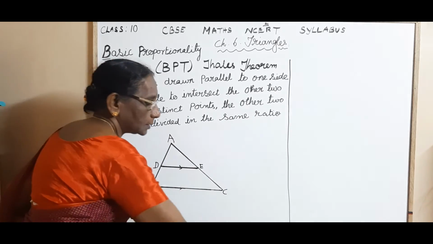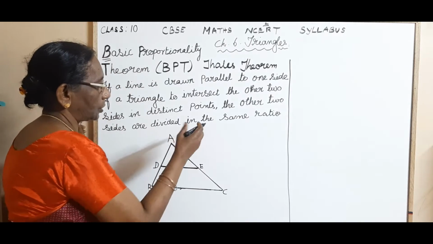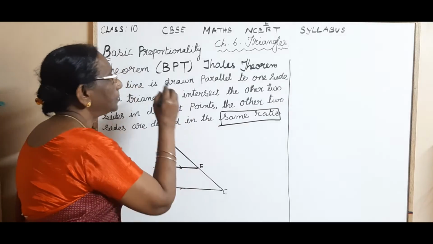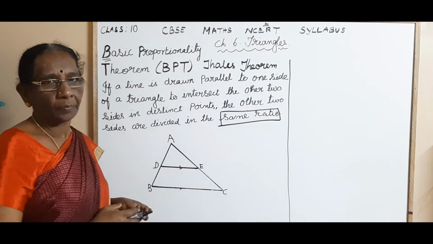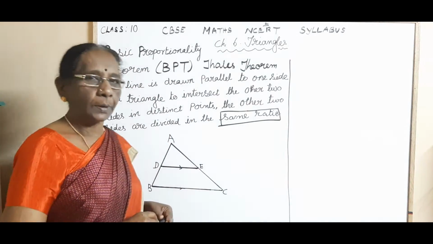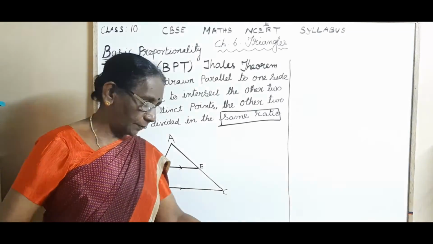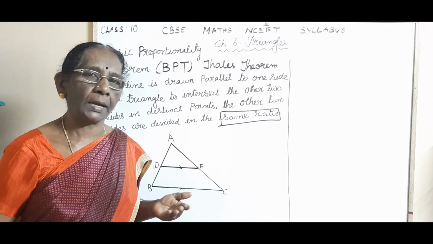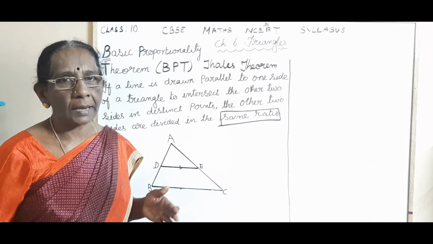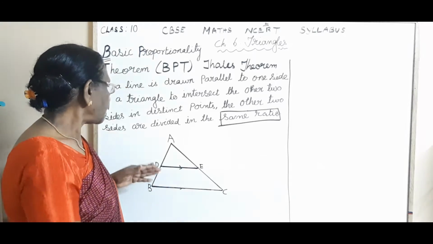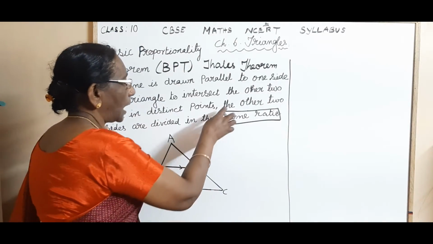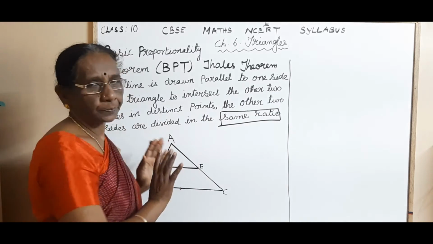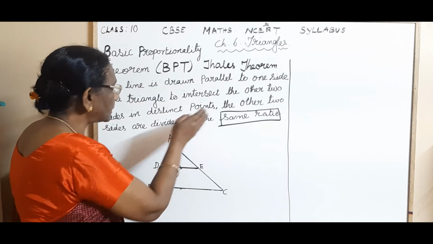What is the meaning of same ratio? Proportional. That is why this theorem is called the basic proportionality theorem. Already we have learned about this proportionality when we were discussing the conditions for similar triangles. So what do you have to prove? The other two sides are divided in the same ratio. Up to this it is given.